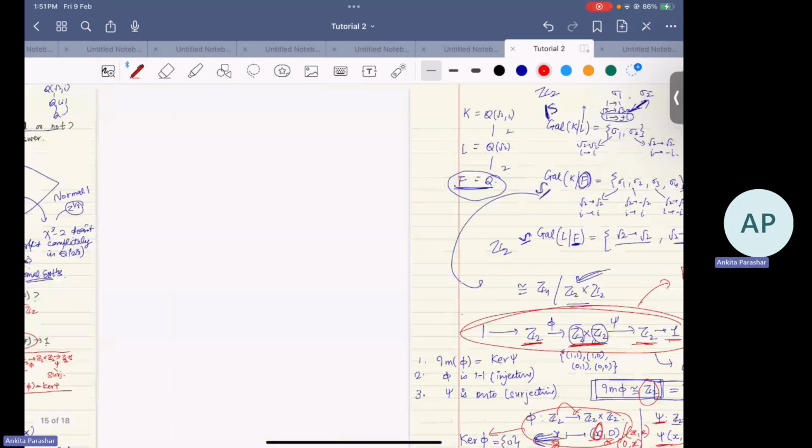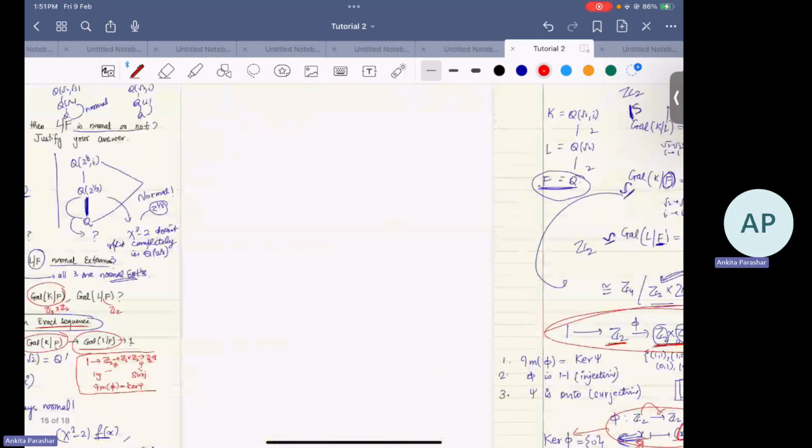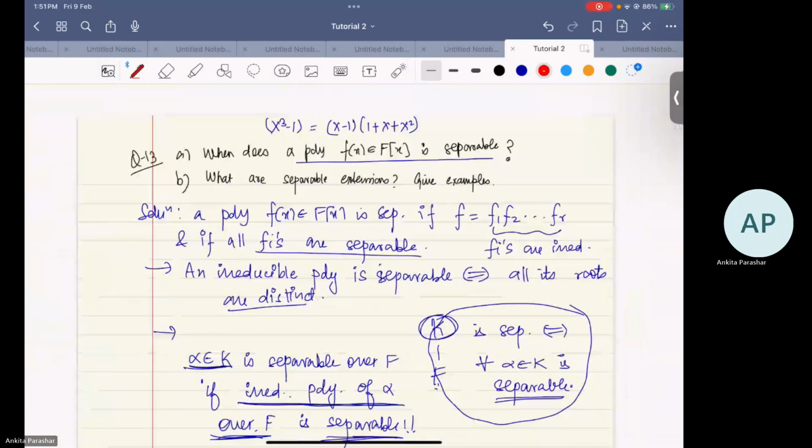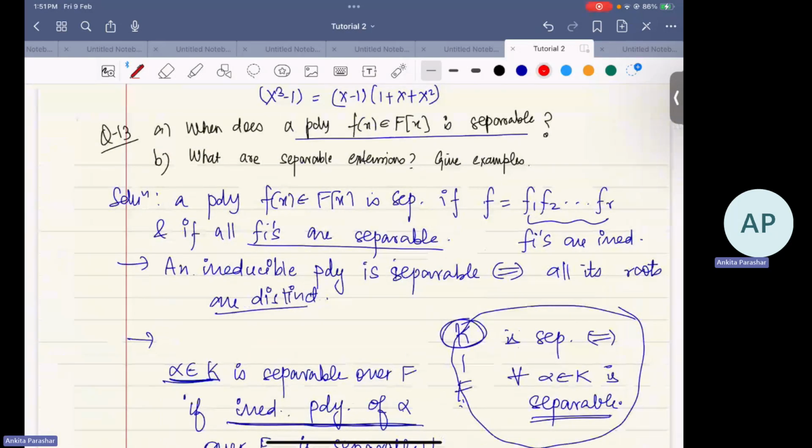Now we will move to another question: when is a polynomial separable? Since we don't have much time, I'll just go through some answers directly. A polynomial is separable if you can write it as a product of irreducible polynomials, and all irreducible polynomials are separable. They are separable if and only if all their roots are distinct.